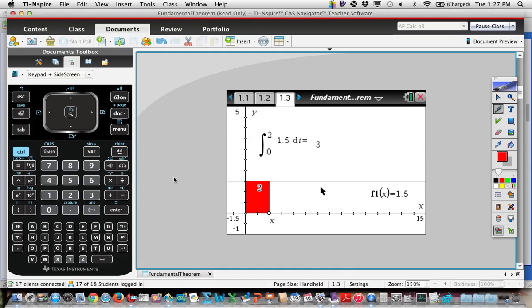Couple more minutes. The integrand's the function, isn't it? The thing inside the integral, right? The function you're doing the area under.